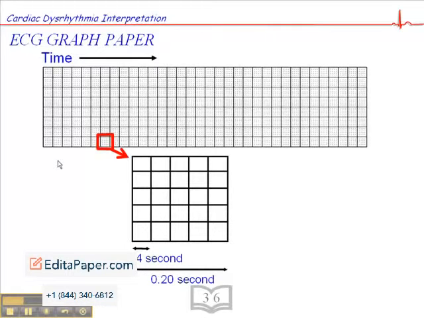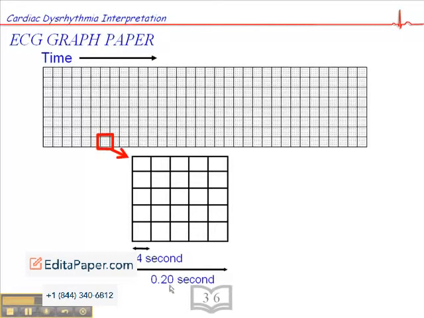The graph paper is divided into dark 5 mm squares, and those are further subdivided into single millimeter squares that we can see here. Each millimeter in terms of time is equal to 0.04 second or 40 milliseconds. So 2 small squares would be 0.08 second, 3 would be 0.12 second, 4 millimeters would be 0.16 second, and 5 squares would be 0.2 second.